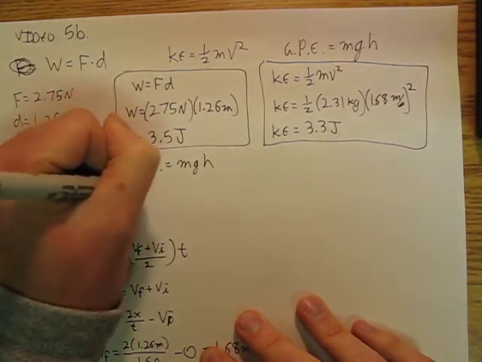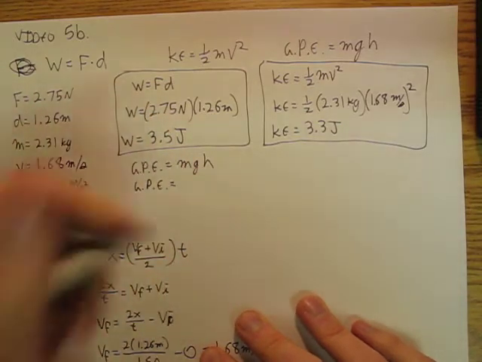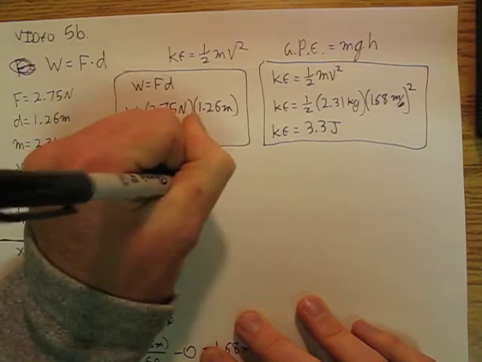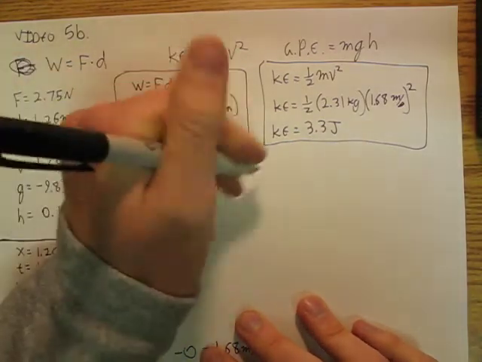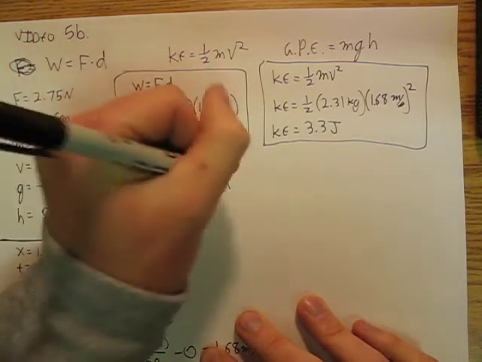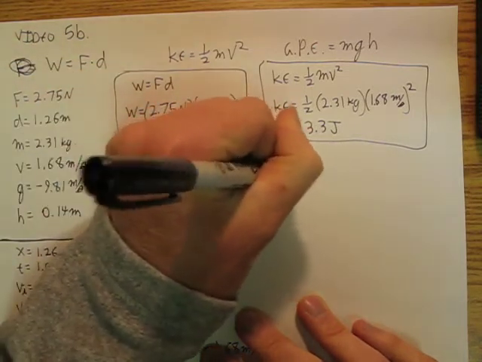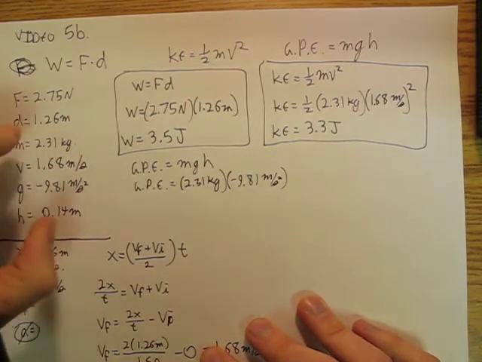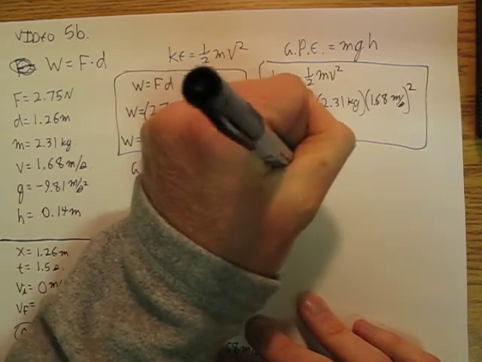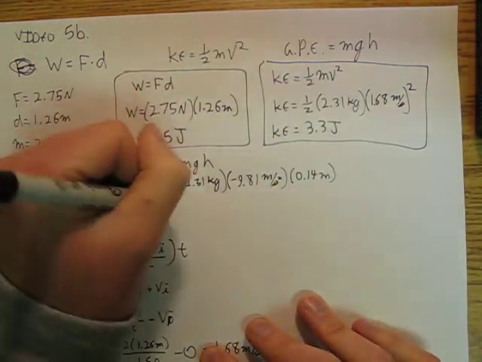So GPE: my mass was 2.31 kilograms, my acceleration due to gravity was negative 9.81 meters per second squared, and my height was 0.14 meters.